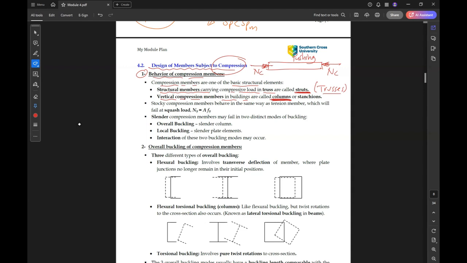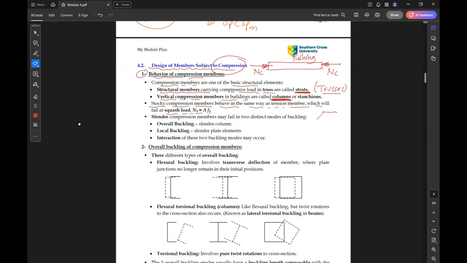Okay, we have a special case of the compression member, which is called stocky compression members, which behave in the same way as tension member, failing at the squash load N_y equal to the area times F yield.